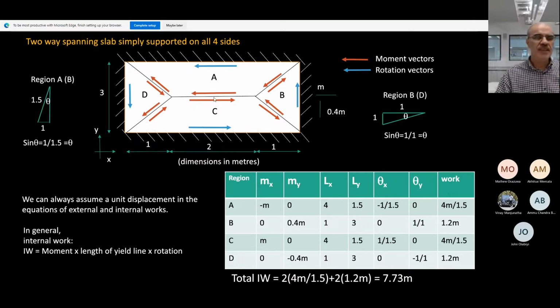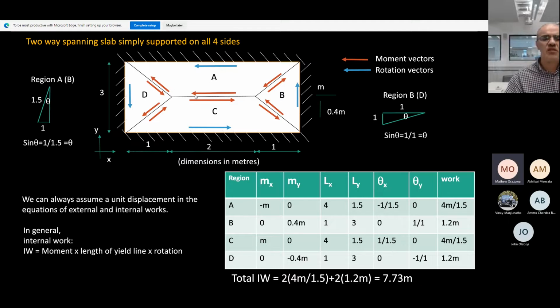At this point, where the maximum curvature is, we always assume that the displacement is unity. Why? Because the delta will always cancel in the equations, so there is no point in putting delta. From now on, we assume that the displacement is a unit, 1. For panel A, what's the direction of the moment?